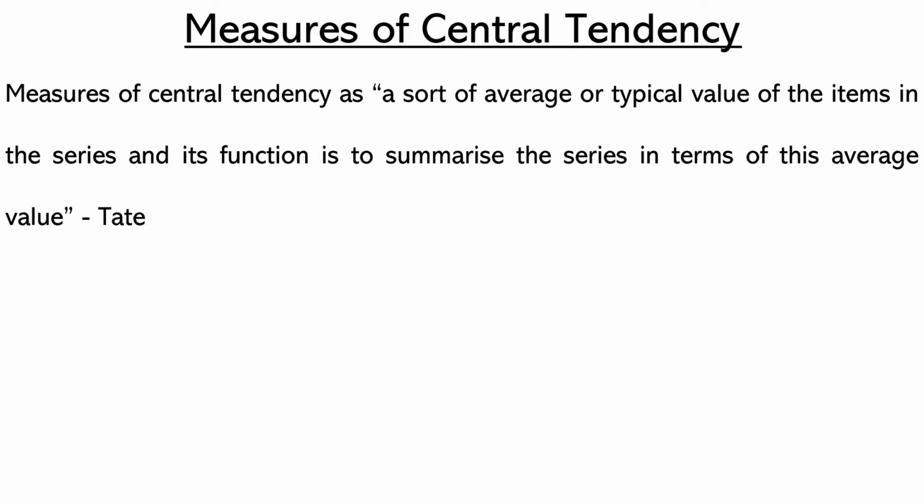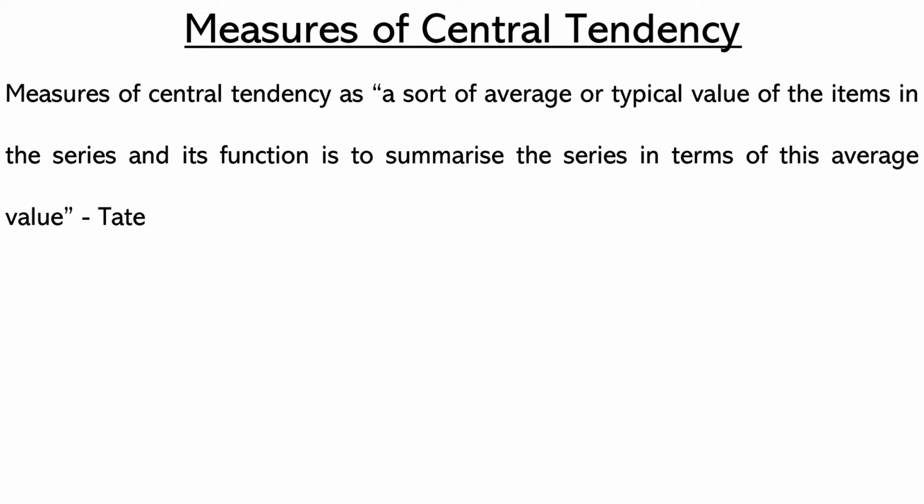In simple terms, just imagine there is a set of data, and this measure of central tendency gives a single value, and this value tries to describe this set of data. And how are they doing it? By finding out the central position in this set of data.